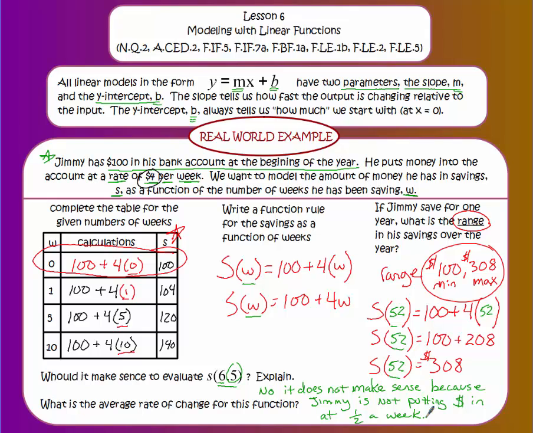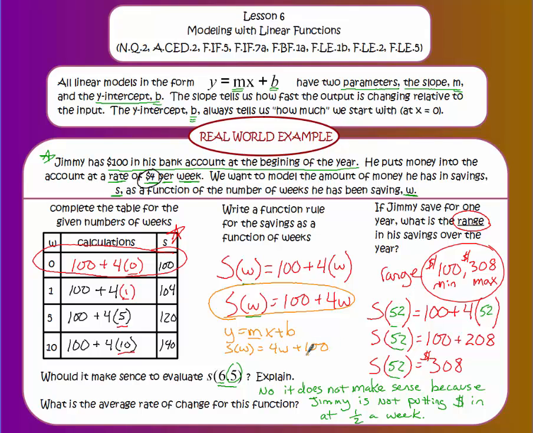And what is the average rate of change for this function? To find the average rate of change, remember our good old friend here, y equals mx plus b. Okay? And the average rate of change, we know, is the slope. So let's take this equation up here and make it look like y equals mx plus b. To do that, it would say S of w equals 4w plus 100.